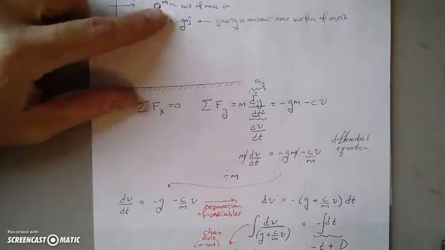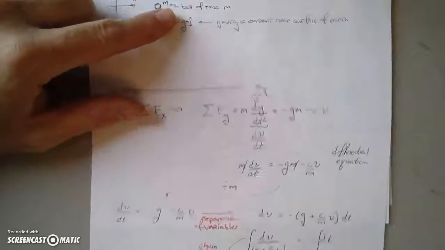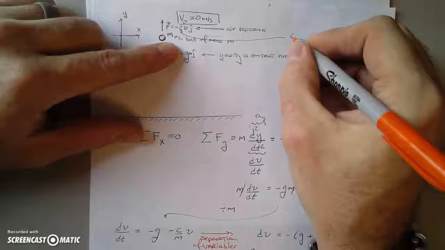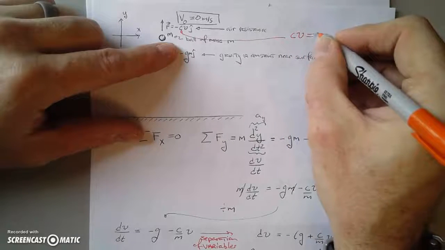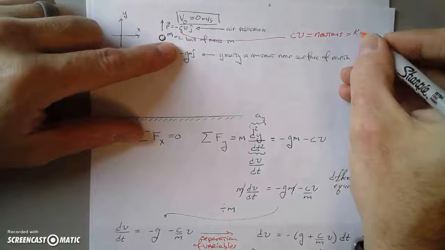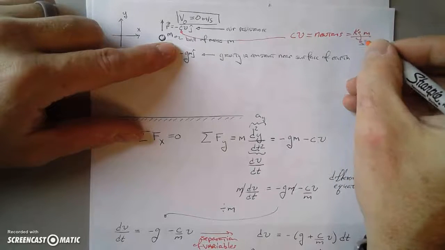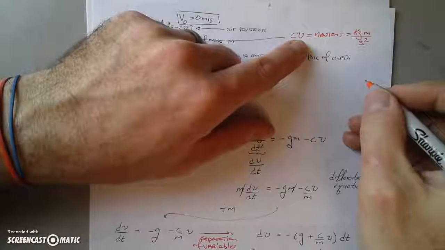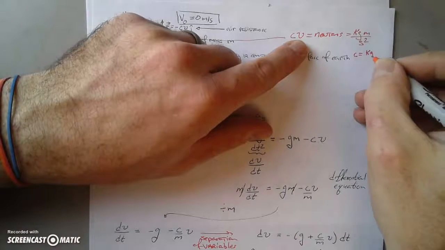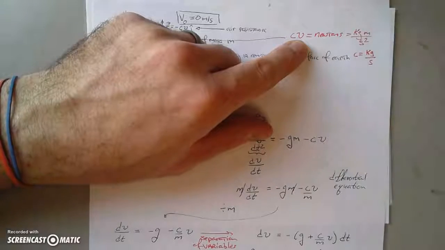Let's go back a second. What are the units on c? Where is c? There's c. If I go back here. Well, if c, v are newtons, those are kilogram meters per second squared. Well, velocity is meters per second, so c must have units of kilograms per second.